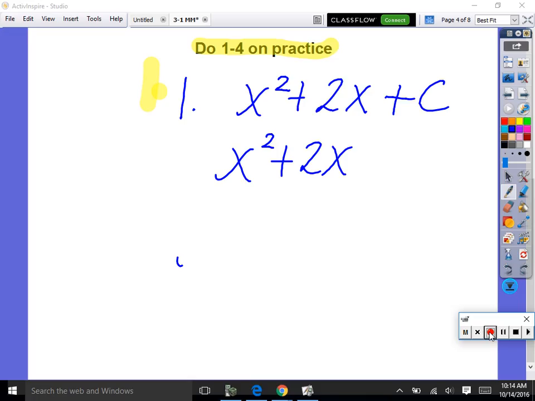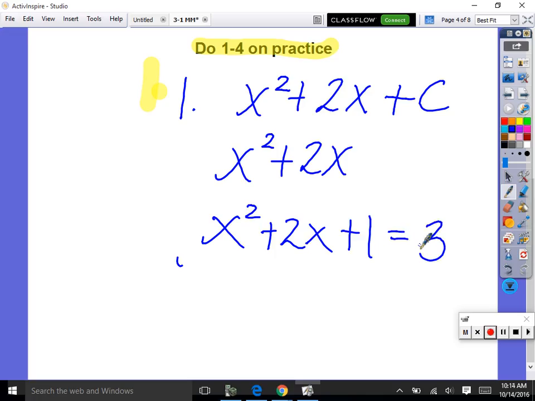Now understand, we're going to go to ones that actually have an equal sign. So if we had something like x squared plus 2x, let's say we already had a c, for example, plus 1 equals, and let's say 3. Notice the difference. This has a constant. This already has a c, correct? And then we have something over here, and there's an equal sign. So now it just changes a little. We're going to do the same thing.